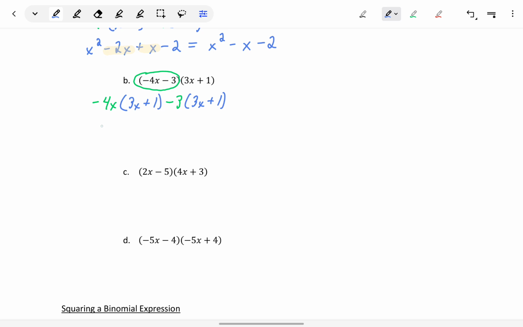Now we'll distribute through, and again combine any like terms. This is going to give us negative 12x squared minus 4x, and then minus 9x minus 3. We'll again look at combining those two middle terms, which are like terms, to get negative 12x squared minus 13x minus 3.